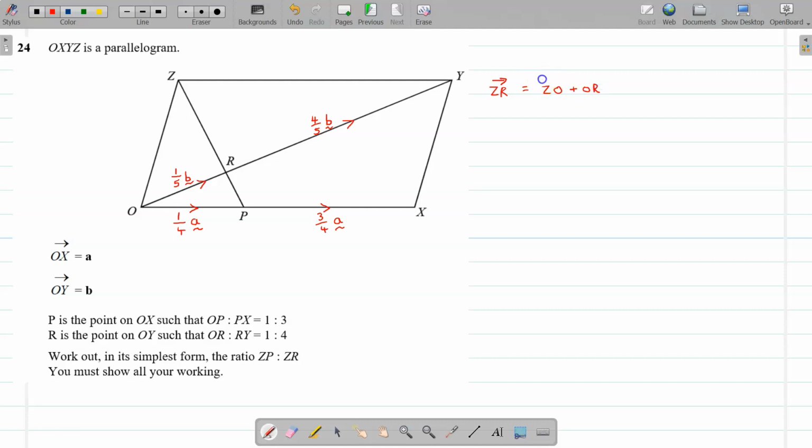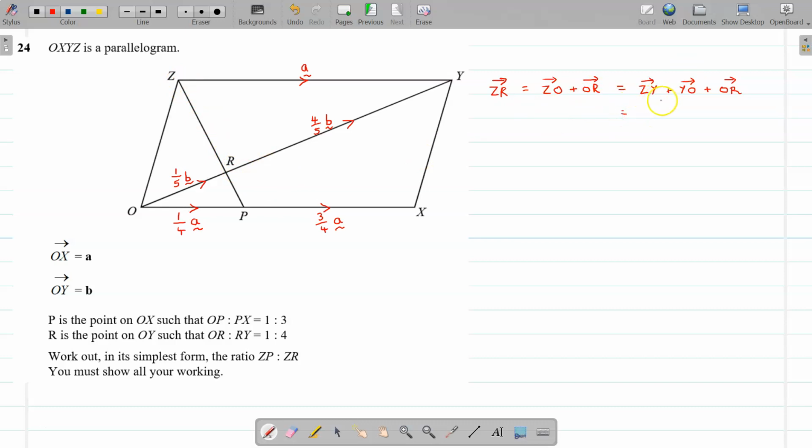And I can go a bit better than that because I can also break ZO up into ZY plus YO, because ZY I know is the vector A because it's parallel to this vector here, which is also A. So it's better to write that as ZY plus YO plus OR.